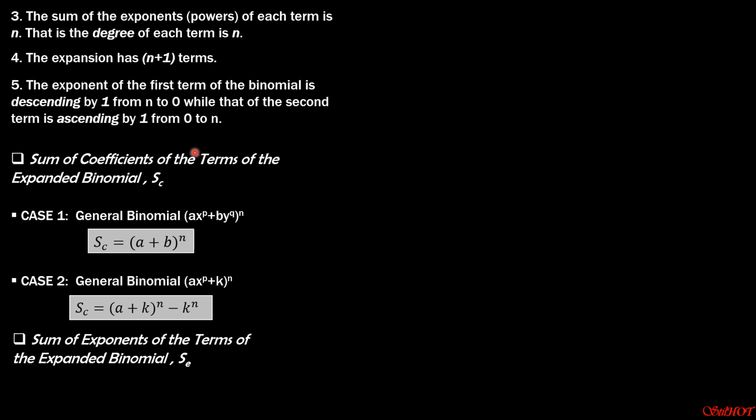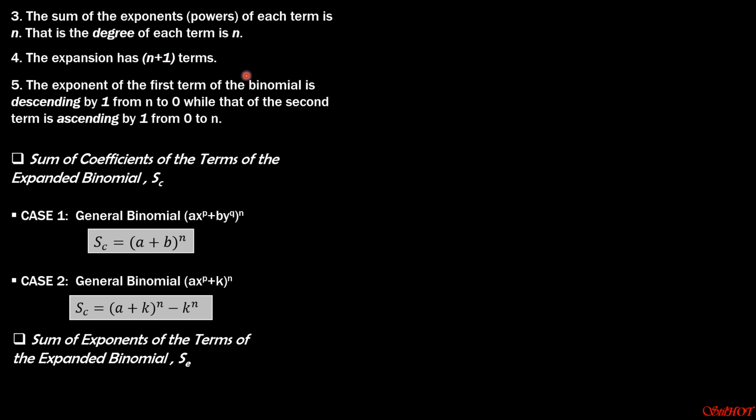Remember, there are n plus 1 terms in the expansion. Therefore, the sum of the exponents would be the degree of any term times the number of terms. So it is n, the degree of each term, and since there are n plus 1 terms in the expansion, it is n times (n + 1). So that's the sum of the exponents.